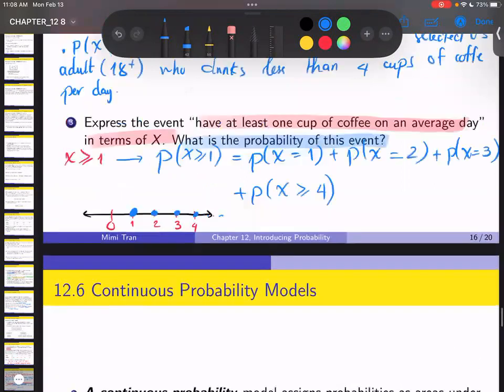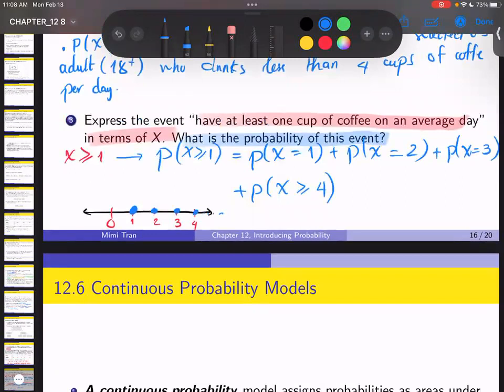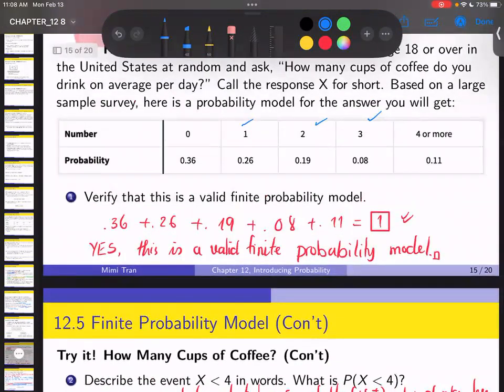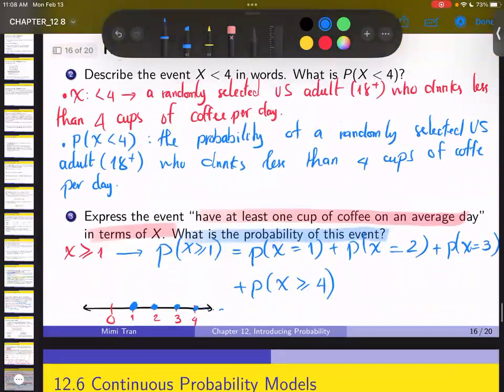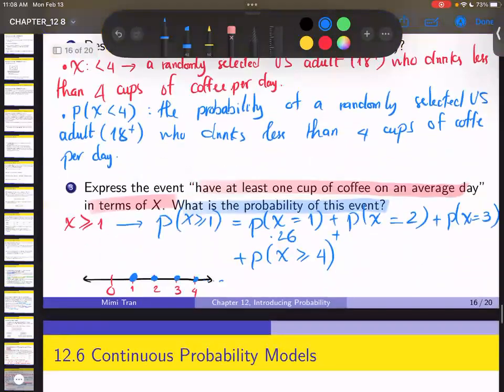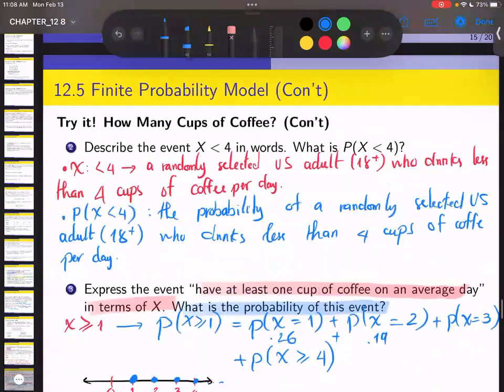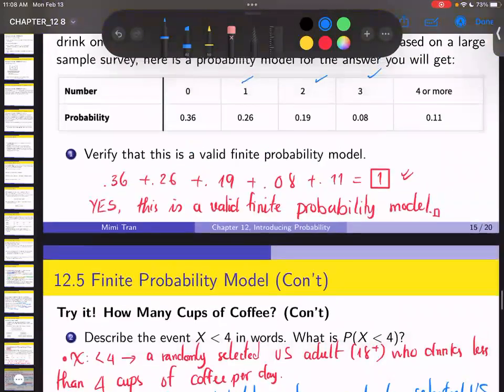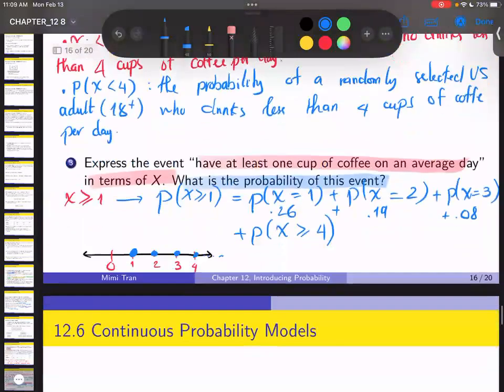Let's calculate what is the probability of this event. Let's calculate it out in numbers. What's P of X equal 1? If you look at the table, remember, the second one is the probability. P of X equal 1 would be what? 0.26. So 0.26 plus P of X equal 2, 0.19, plus P of X equal 3, 0.08, and plus P of 4 or more, 0.11.